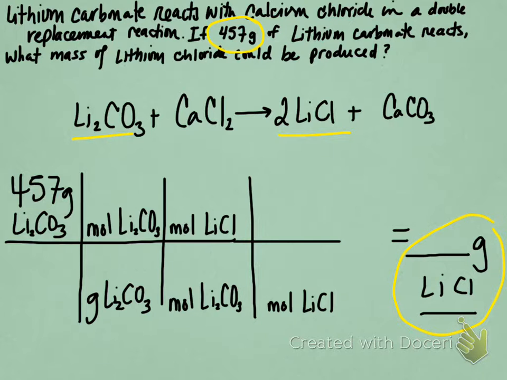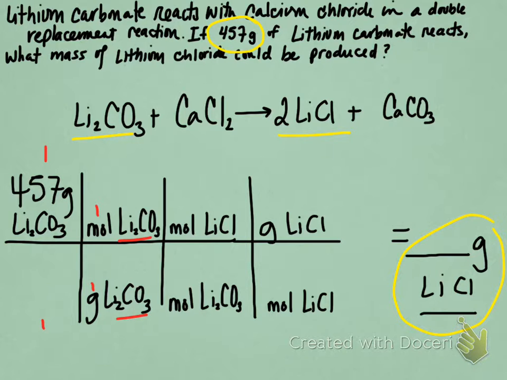Let's do a quick check before we even plug in any numbers to make sure that this is set up correctly. Remembering what I said about changing only one thing at a time, let's confirm that in each box, above and below, we're only changing one thing at a time. Here we are in lithium chloride, top and bottom, but we're in grams here and moles here.